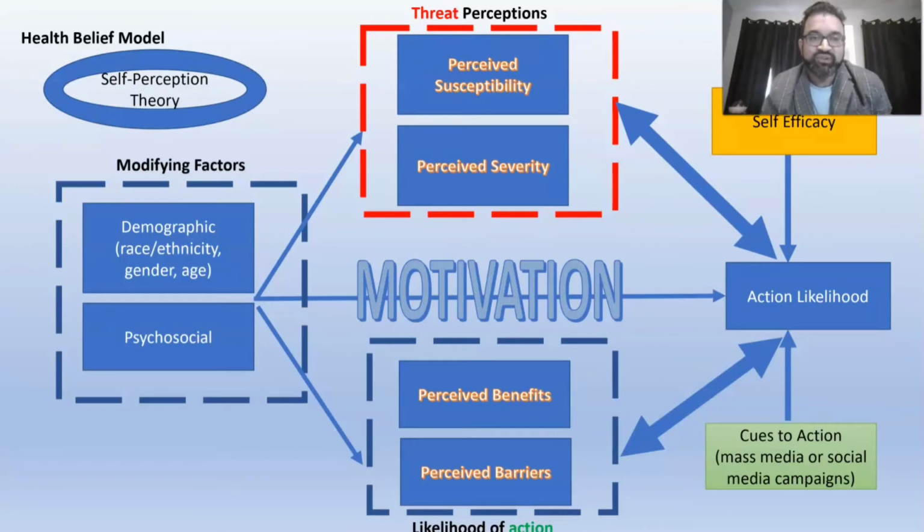So it's really important to note that if you're thinking about the health belief model, an area that is not quite emphasized is the emotions and how people's reactions to those emotions formulate the threat perception as well.